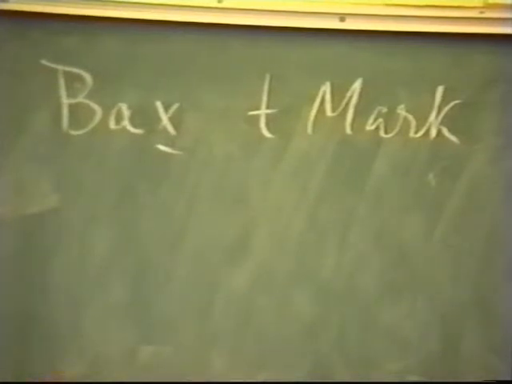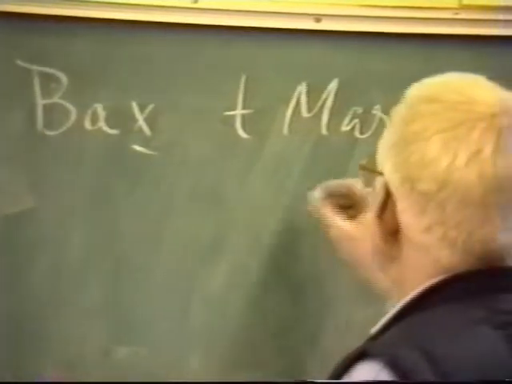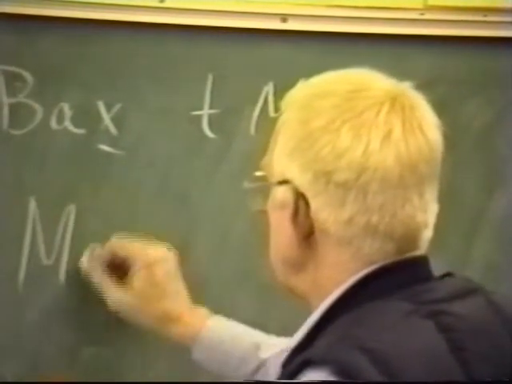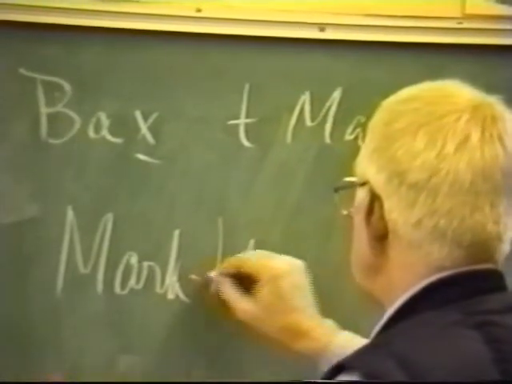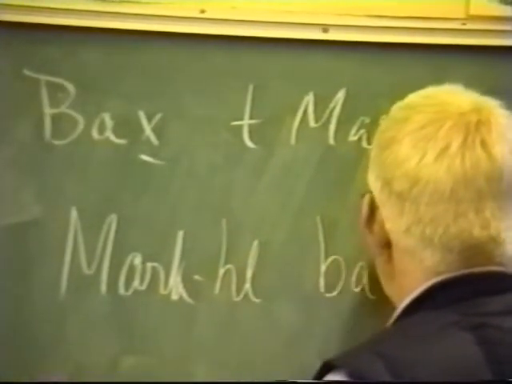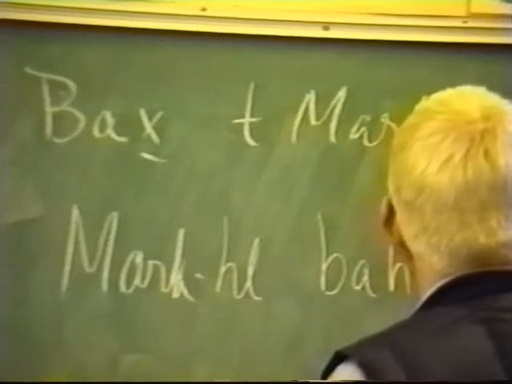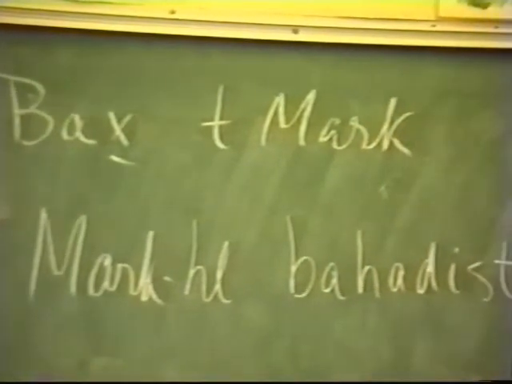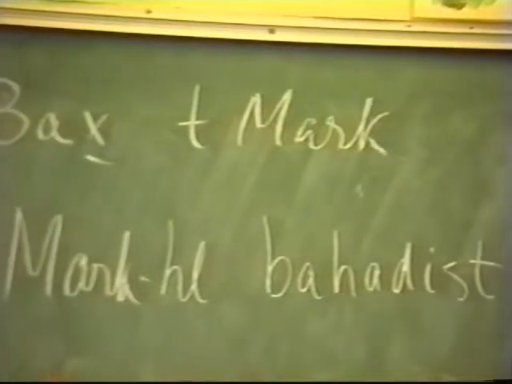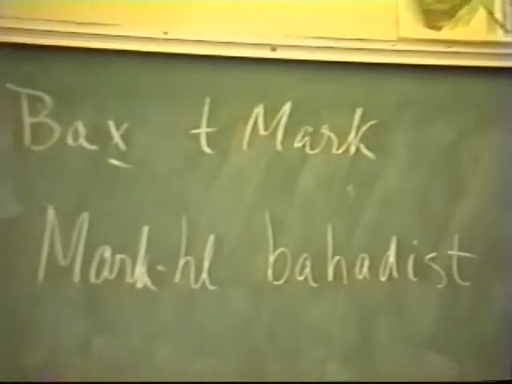Mark is running, or Mark ran. But one way of focusing that is to take Mark, say, Mark's the one who's running, so I can say Mark Bahadist. It's Mark who's running, or Mark is the one who's running.